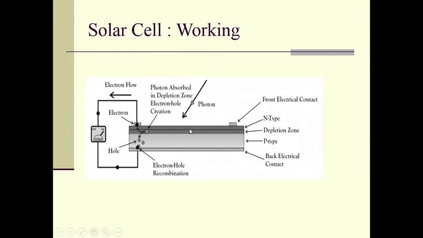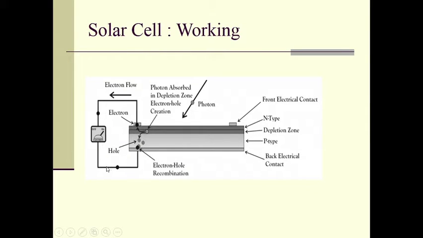When enough electrons and holes are produced on both sides, this is just like a battery, right? When we apply an external load to this cell, then the current will be produced, right? So this is the flow of electrons, and the current will be in the opposite direction, right?